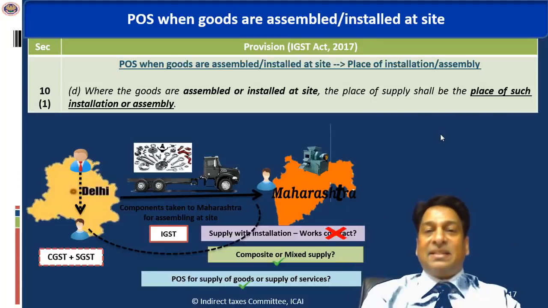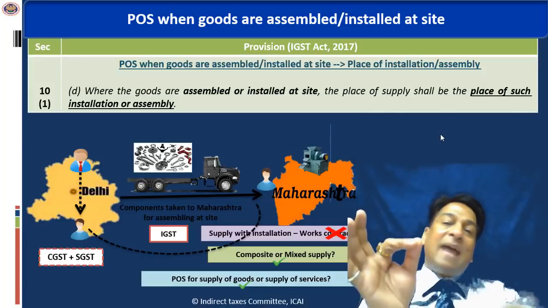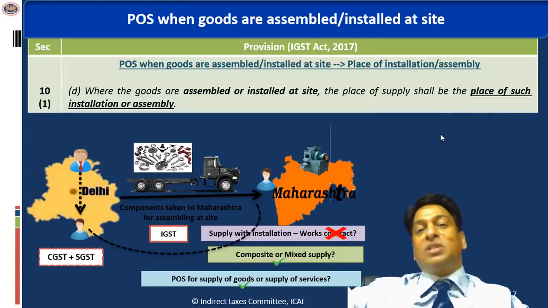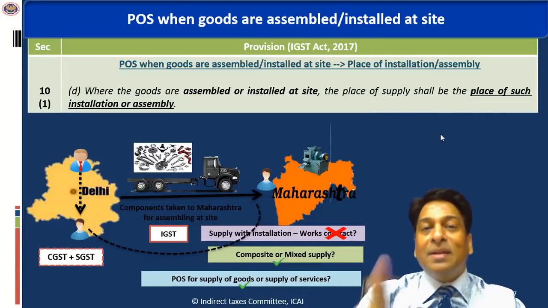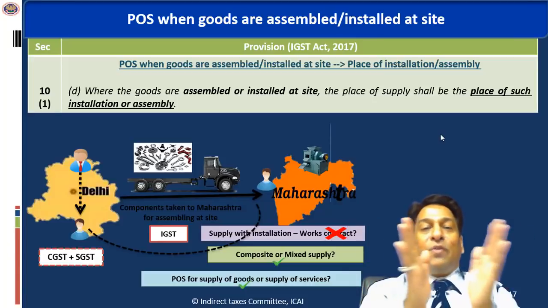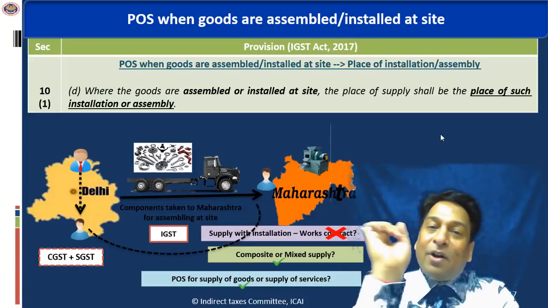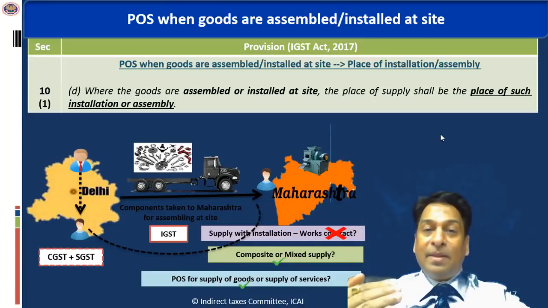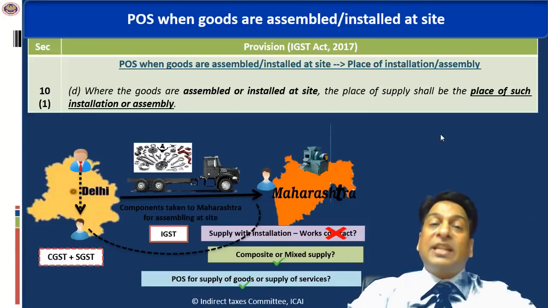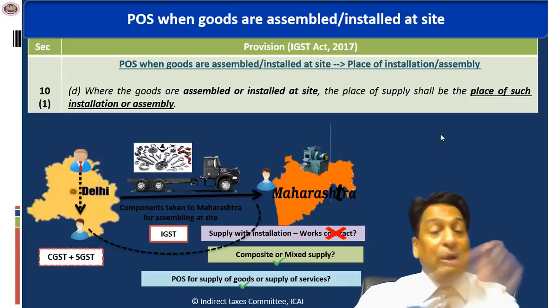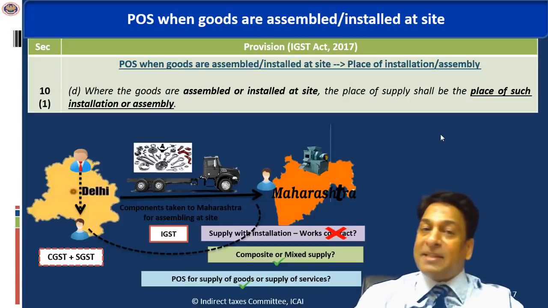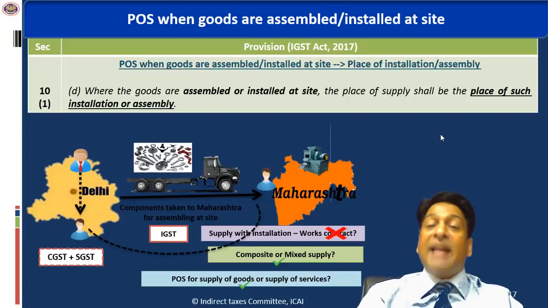But in that case, we have to determine place of supply for the component separately, and assembly services or installation services would be then place of supply for services. So we have to determine two places of supply, for components and for assembly services. So this transaction can change and be reshaped, reshuffled. Such kind of business modeling can be done looking at the best tax efficient manner. So hope you got this place of supply when goods are assembled and installed at site, 10(1)(d).